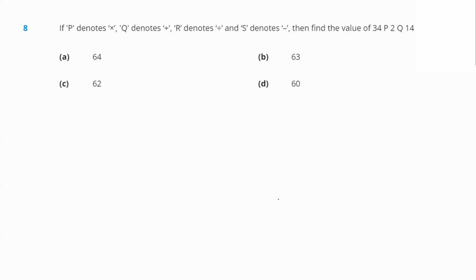If P denotes multiplication, Q denotes plus, R denotes divide, S denotes minus, then find the value of 34 P 2 Q 14 R 7 S 8. So we'll write this as 34 multiplied by 2, Q denotes plus, so 14, R denotes divide, so 7, S denotes minus, so it's 34 multiplied by 2 plus 2 minus 8.